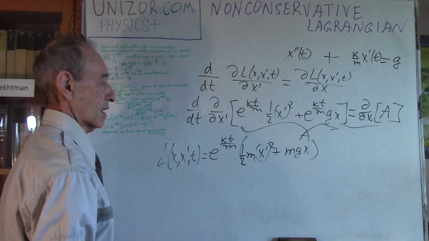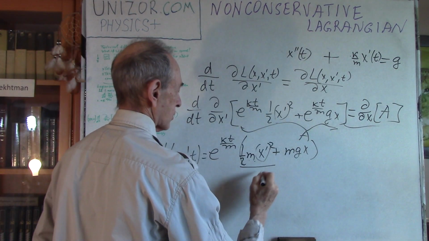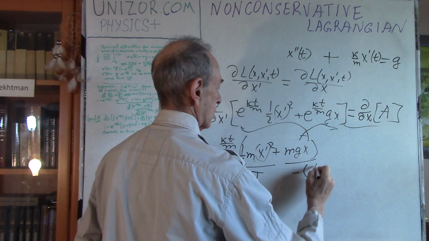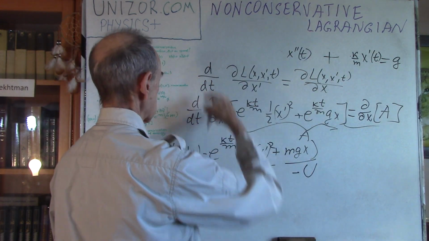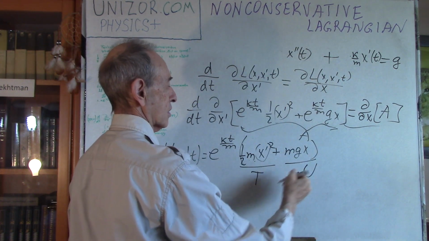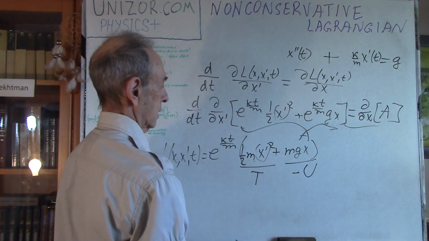This is my Lagrangian. Why did I do this? Because this looks like T. This looks like minus U. Minus because x is going down. So as x is increasing, potential energy is decreasing, right?